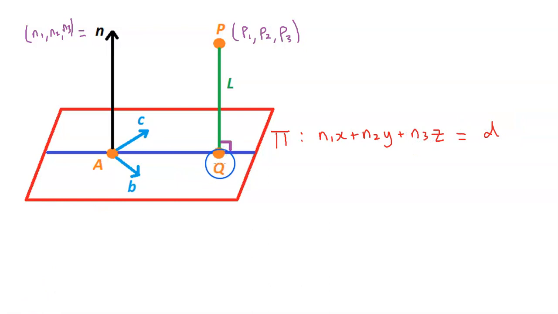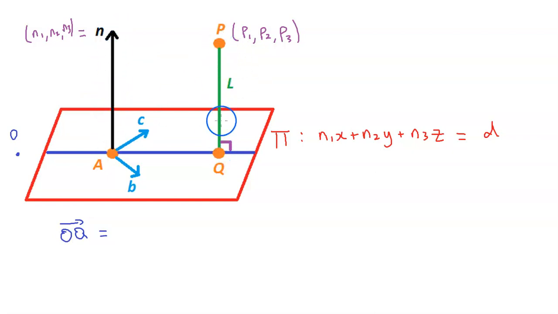Then it's pretty easy to find Q. In fact, we know that OQ is equal to, so if this is the origin here, we know that OQ is equal to OP plus PQ. Moreover, we know that PQ is parallel to the normal vector n.